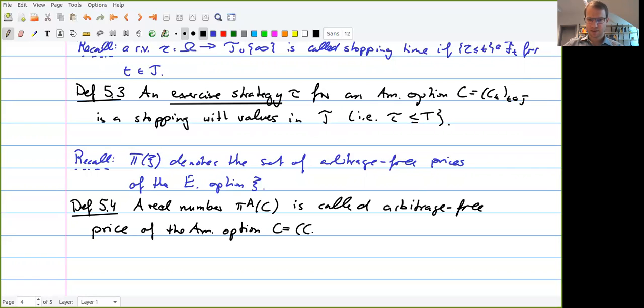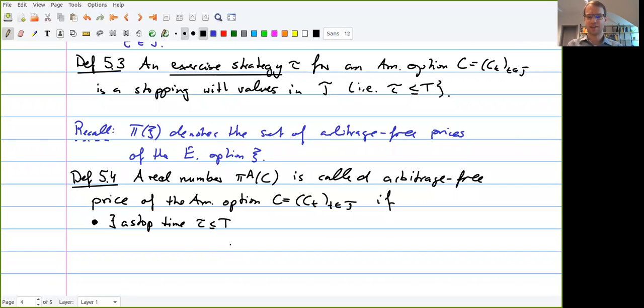C, right? And to remind you, C is a process which is non-negative and adapted, if, and now we have two conditions. First one, there exists a stopping time tau. Okay, so this tau should be an exercise strategy.